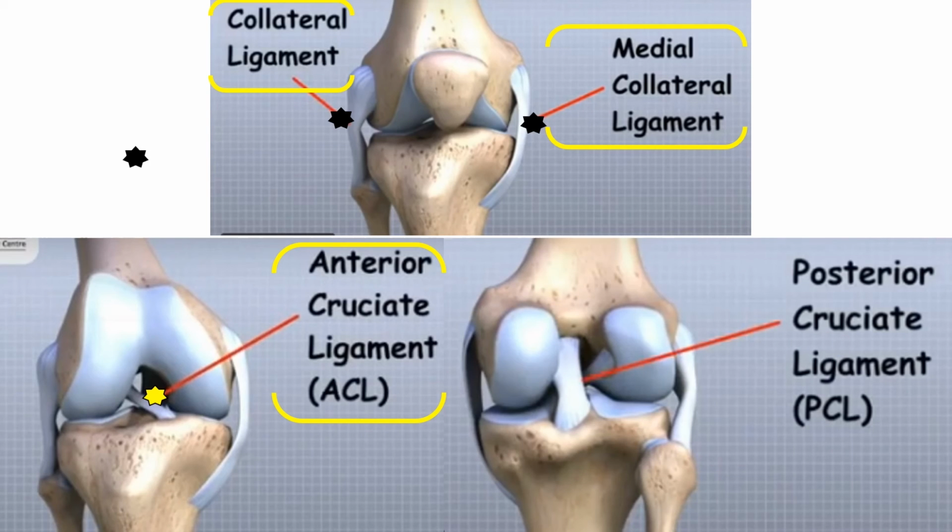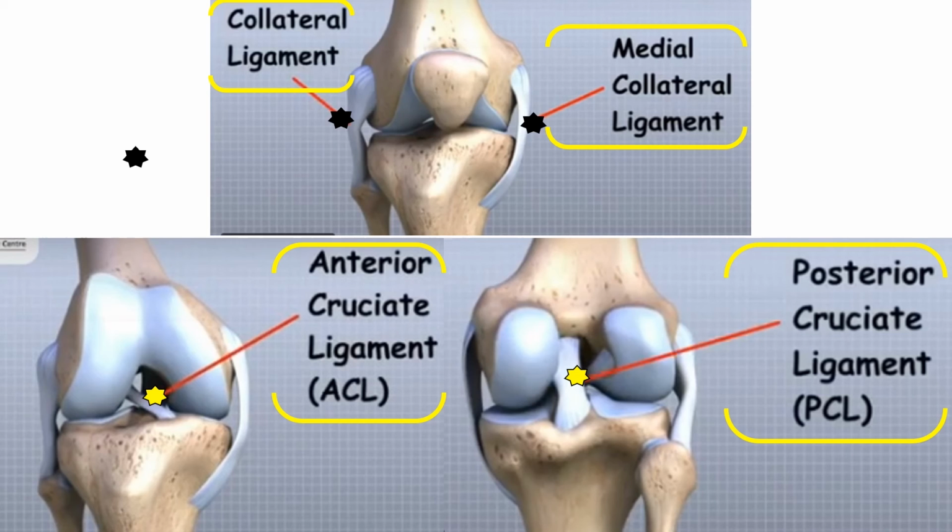And in this view, we have a posterior look at the knee joint, and here we can see that this is the posterior cruciate ligament. It is arising from the posterior part of the upper end of the tibia and going medially.